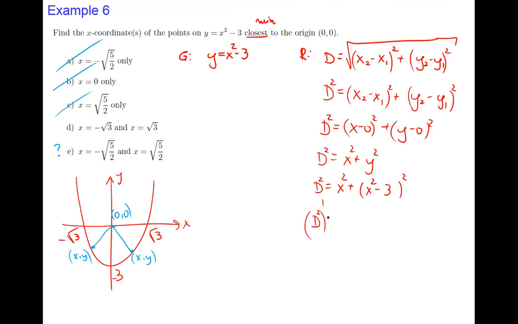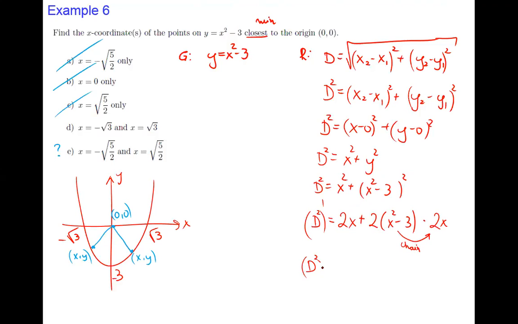That means the derivative of x squared is 2x, and now the derivative of x squared minus 3 squared will be 2 times the quantity x squared minus 3 times the derivative of the inner function, which is 2x. Yes, that's my chain.